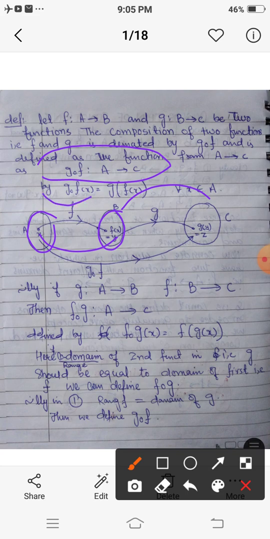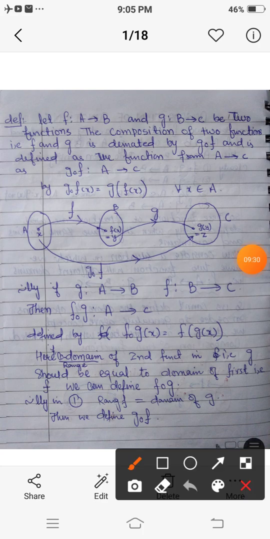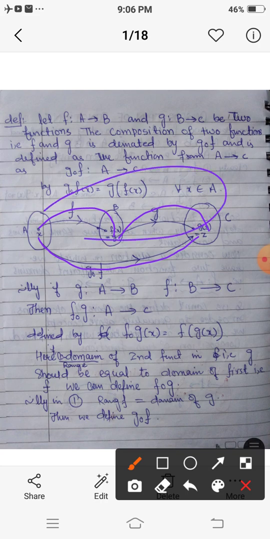This gof is actually the function from A to C which relates this x to z with this condition: x through f is related with y, and this y is related with z through g. So gof means that x is related with z through these two conditions. So this is the composition of two functions with different domains.